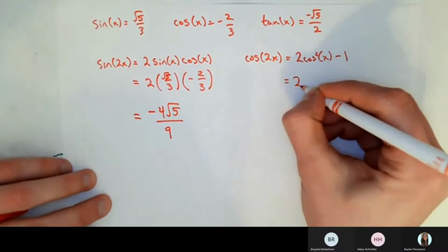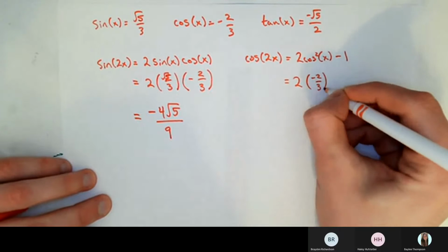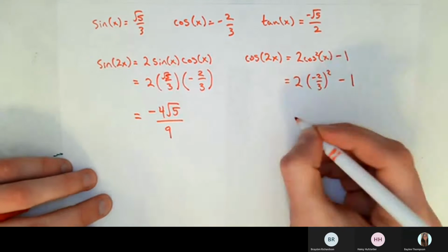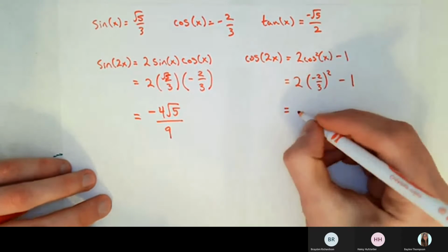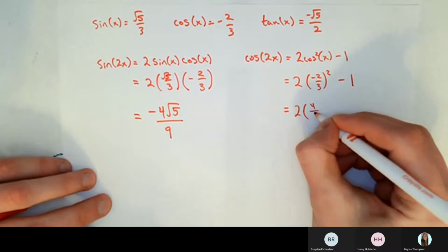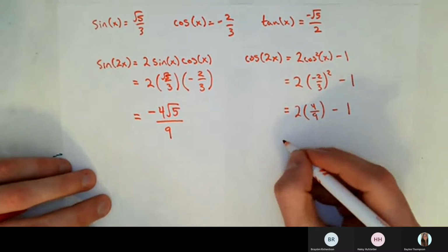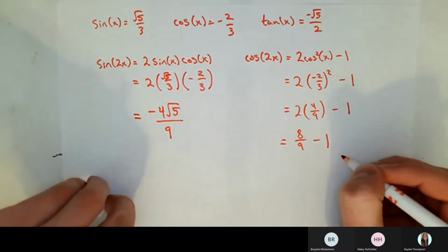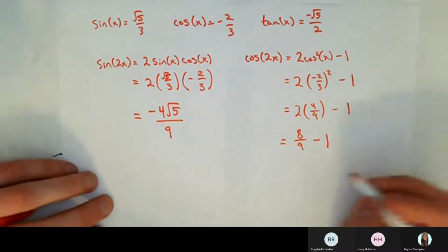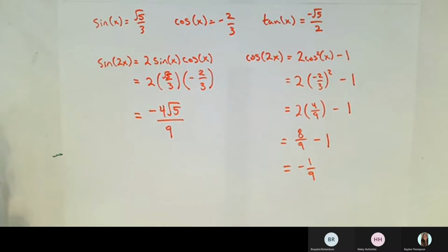Okay, so I'm going to have twice of cosine squared, which is negative 2 over 3 squared, and then minus 1. So that's twice of 4 over 9 minus 1. That is 8 over 9 minus 1. That's going to be negative 1 over 9.